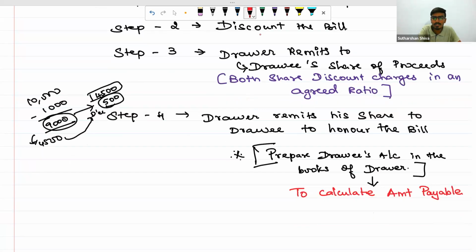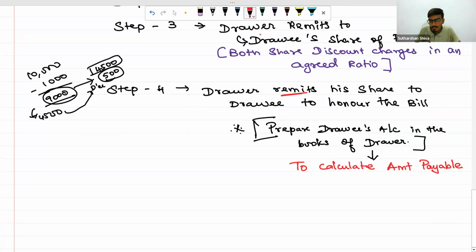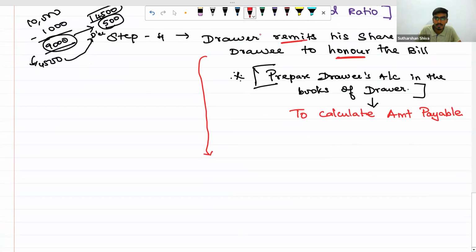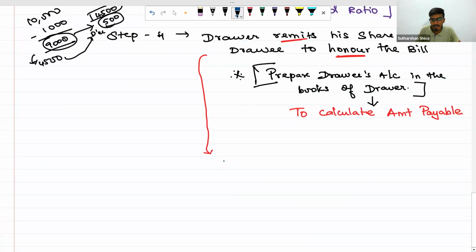Suppose in this case the drawer remits to honor the bill. What if the drawer does not remit the value? That can also be a possibility, correct?